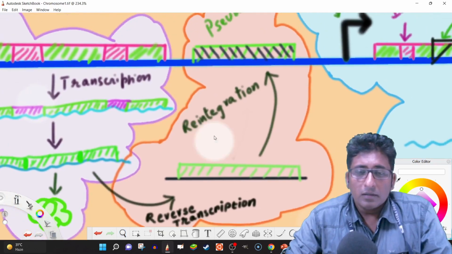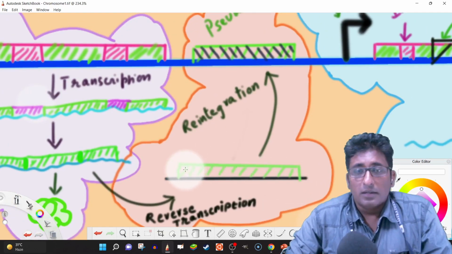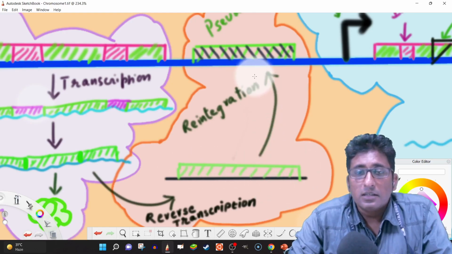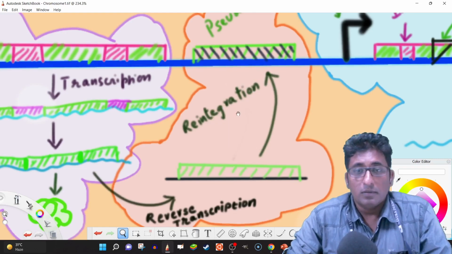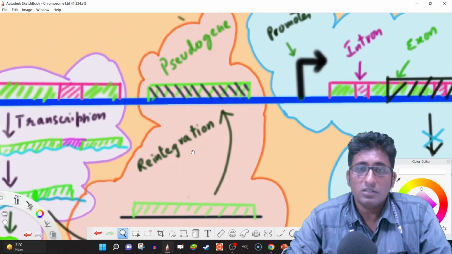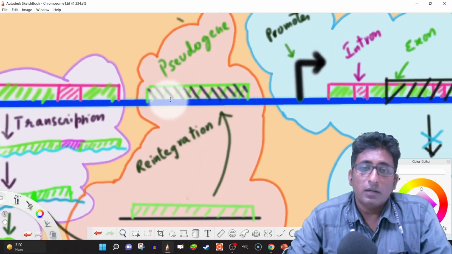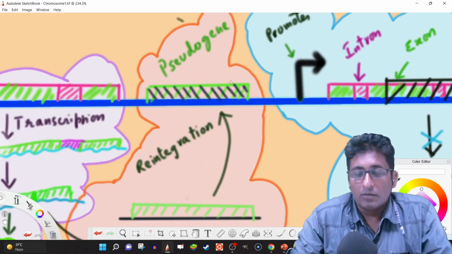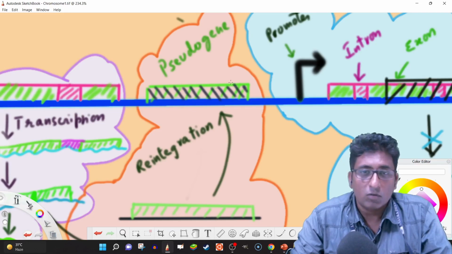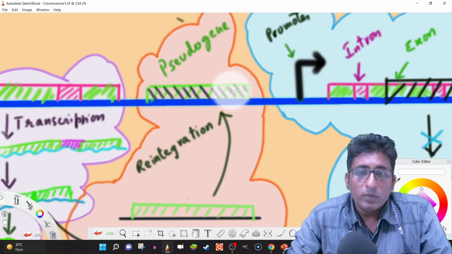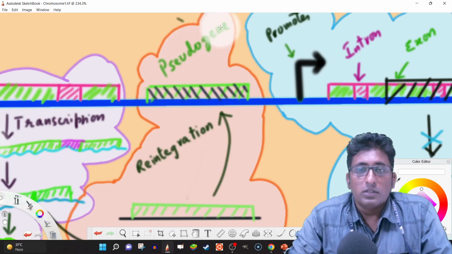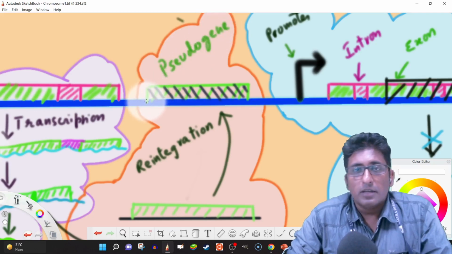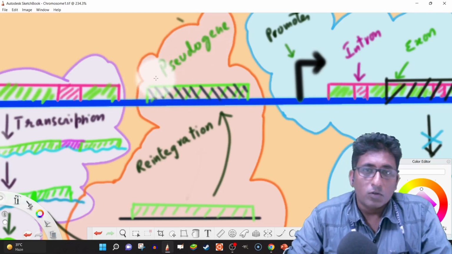This reverse transcribed mRNA, the double-stranded cDNA, could be integrated into the genome in any of these regions, and if it is in a neutral site, the genome is not going to have a detrimental effect, so it would survive. Those sequences are called pseudogenes. Majority of the time they are not transcribed because there is no promoter.